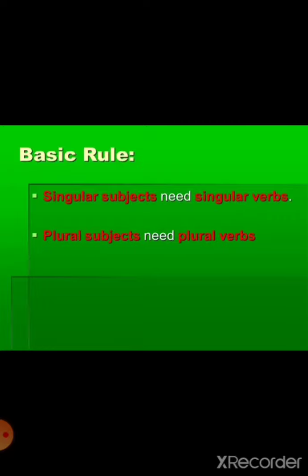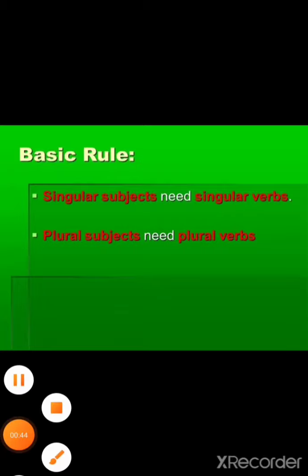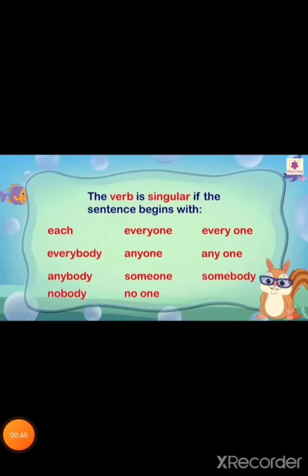If either-or or neither-nor are there and the subjects are singular, then the singular verb will follow. We have learned all these rules. Today we'll learn some new rules. Okay, so let us start.